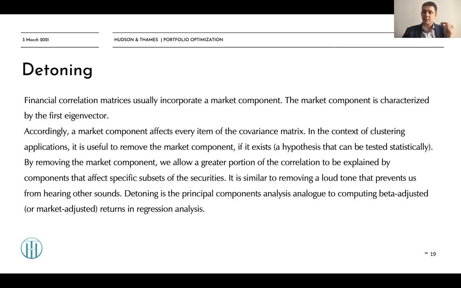As a result, the price of a security rises not because some positive news came to the market, but rather because the whole market is increasing in its price, and as a result, the constituents of this index also increase in price because ETF providers start buying the stocks. This is the first way to show how the market component is included in the correlation matrix.